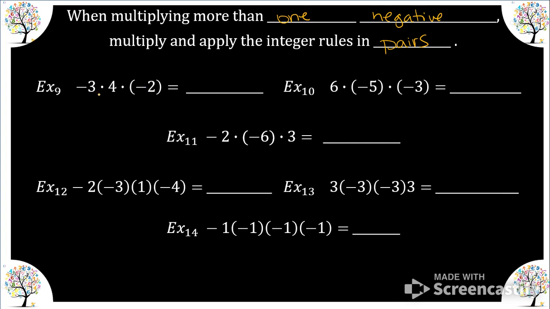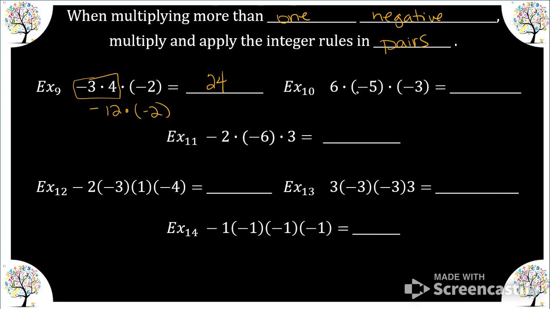Okay, negative 3 times positive 4, using the associative property, gives us negative 12. Now we have negative 12 times negative 2. These are both the same sign, so we're going to get a positive product. So I'm applying the associative property, and I'm just going to multiply the first two, get that product, and then multiply that product times the next number.